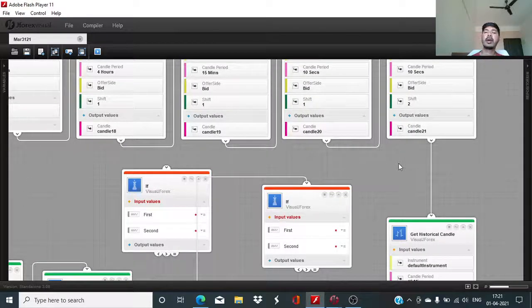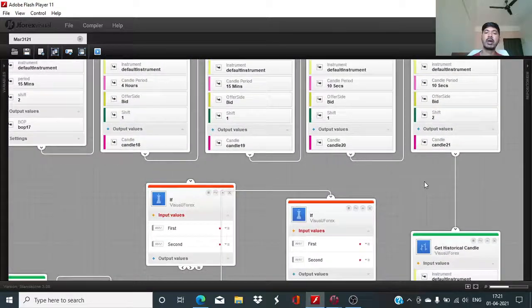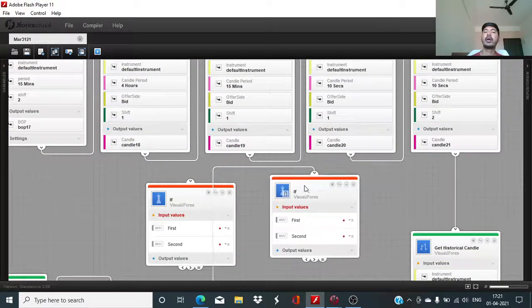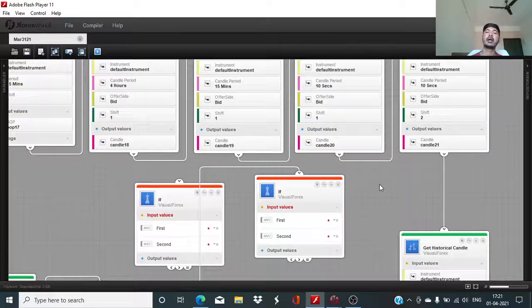on the 4-hourly time frame as well as 15 minutes time frame, and then we need to define the execution point, which is going to be whenever the price starts to rise above the last 15 minutes candle closing value.